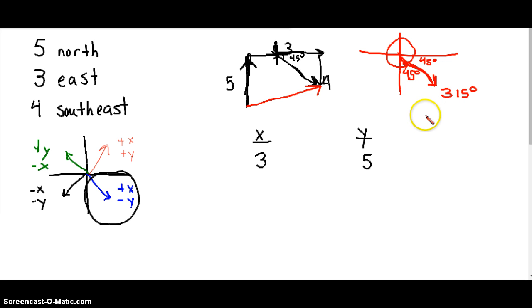So in this case, we can find our x component of that vector, which is going to be 4 times the cosine of 315, which is going to give me 2.82.